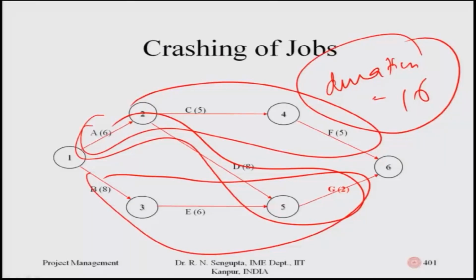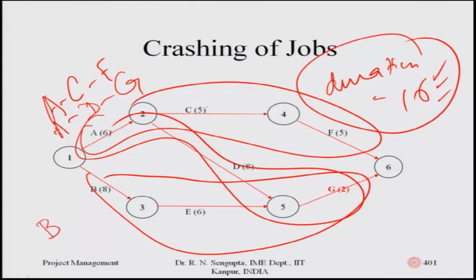Here 6 plus 5 is 11, 11 plus 5 is 16; 6 plus 8 is 14, 14 plus 2 is 16; 8 plus 6 is 14, 14 plus 2 is 16. So all of the paths, A, C, F, then A, D, G, and finally B, E, G, are critical, with the number of days being 16.